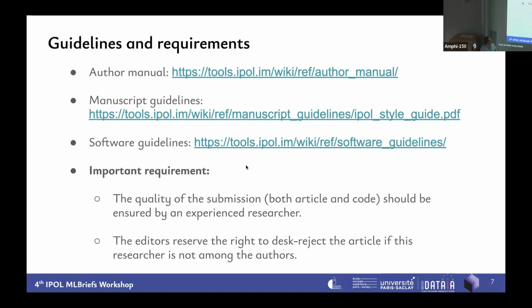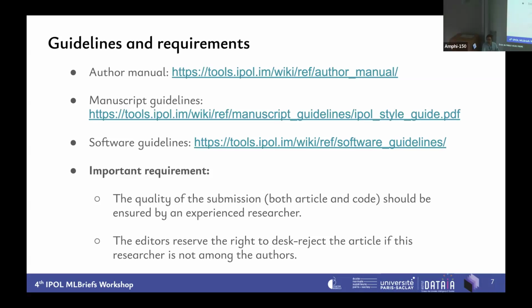There's an important requirement because it often happens to us that the articles that we receive are too far from the level they should have to get published. So we allow ourselves the possibility to reject papers. I mean, we can do it, but we rarely do.